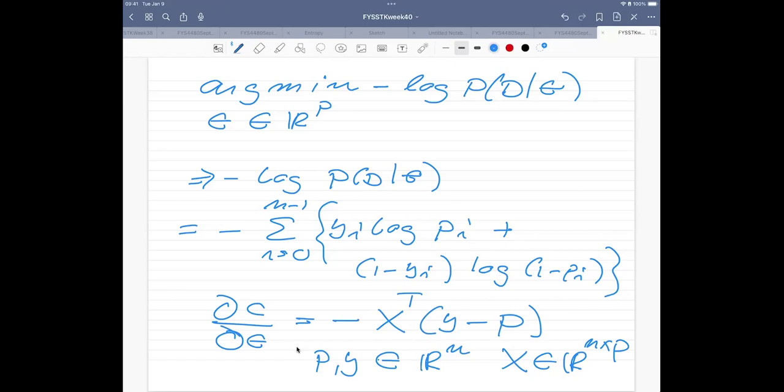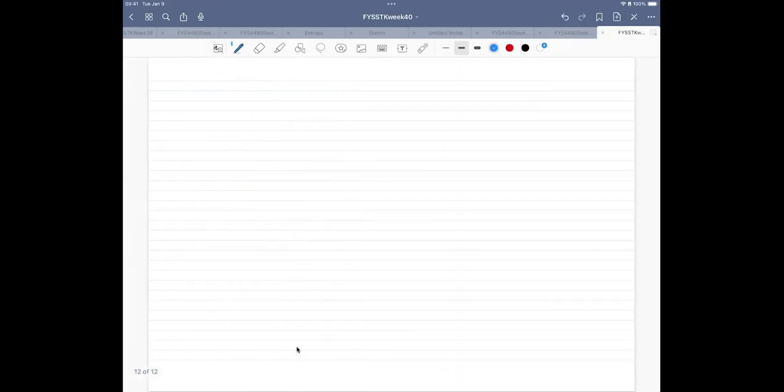And the thing which I wanted to emphasize to you is then the following. So this dC of d theta, let me just remind you of that one, is something which I'm just going to call the gradient of theta, and this is a vector of length p with p elements.